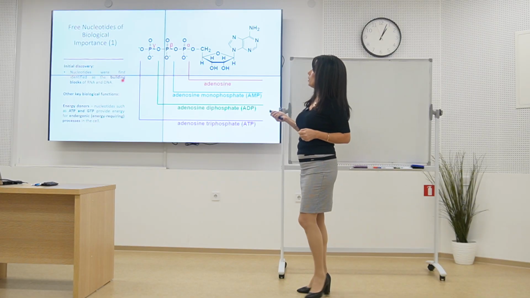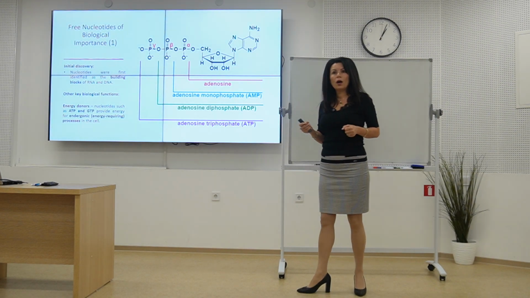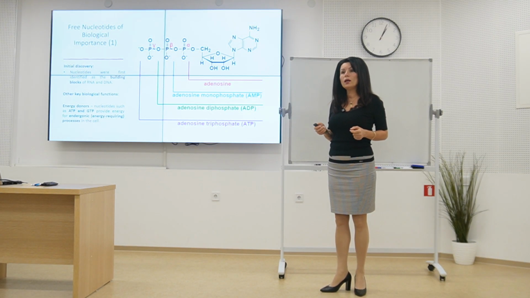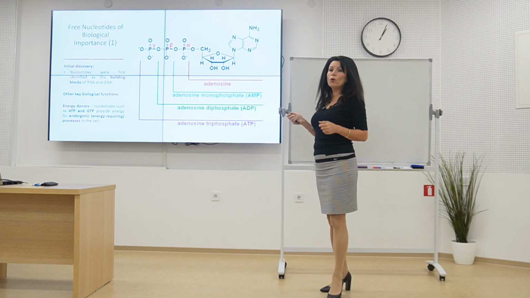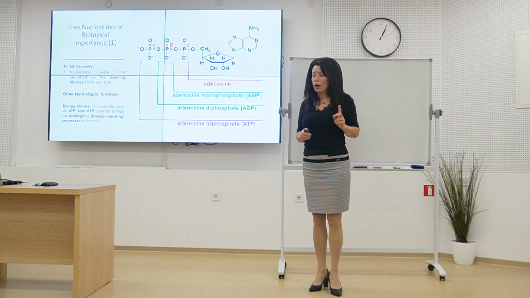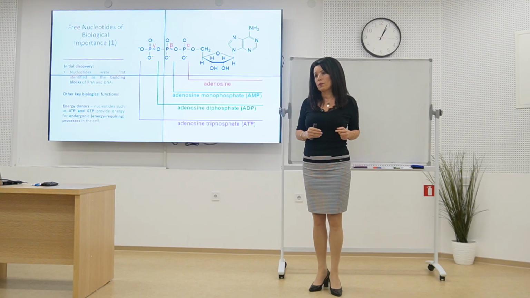Energy donor means that it can give energy after the hydrolysis of the gamma or beta bond. The alpha bond is not high energy, it's a normal energy bond, or normoergic bond is the other name.